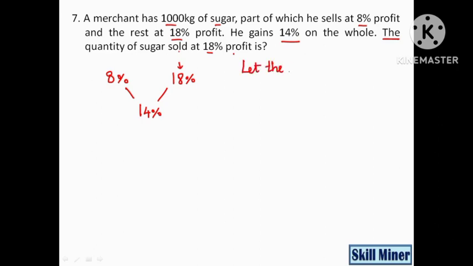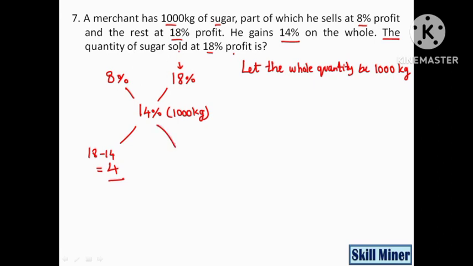Let the whole quantity be 1000 kg, which is being sold at 14% profit. Now as per allegation rule we can find the difference. 18 minus 14 is equal to 4. 14 minus 8 is equal to 6.